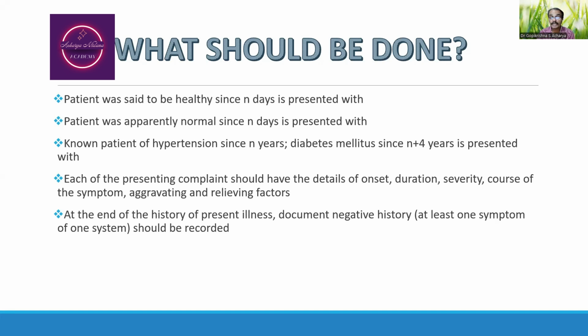So like that, at least one symptom related to one particular system should be documented at the end of the history of present illness. In that way, we can document the case history, the history of present illness, completely and accurately.